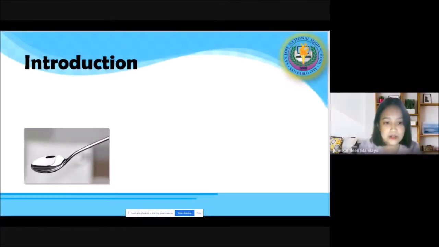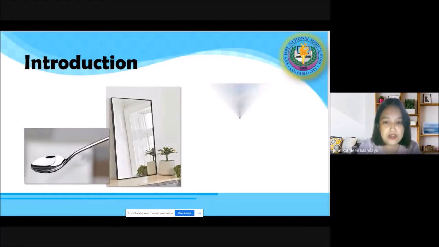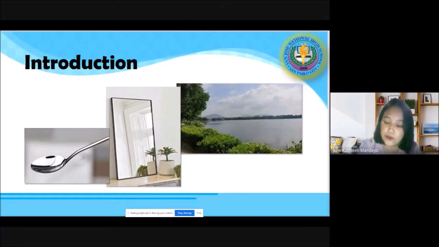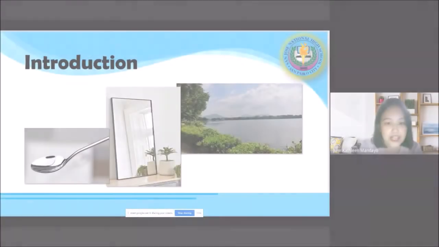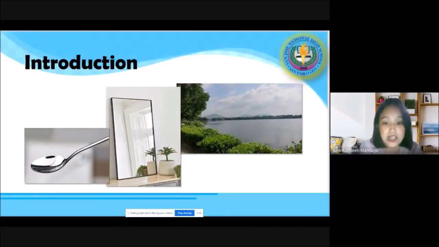So let us consider objects such as shiny metals like a spoon. You also have mirrors. We also have clear waters. We are familiar that when we look at these objects or scenarios, we could actually see ourselves from them. And these are what we call reflections of ourselves.